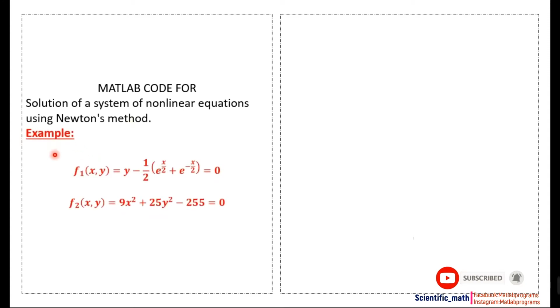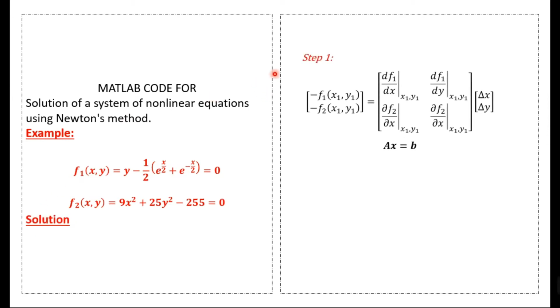So we have a given example. This is our first equation, a nonlinear equation, and this is the second nonlinear equation with variables x and y. So we write a MATLAB code for these two nonlinear equations, and this is the first step.